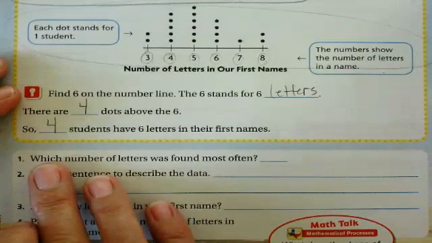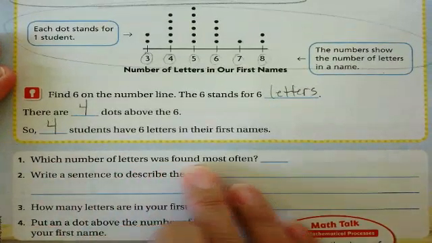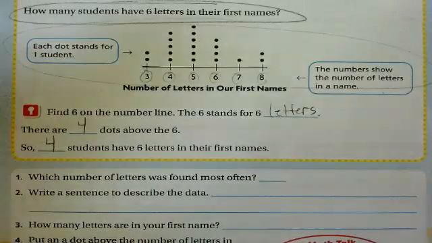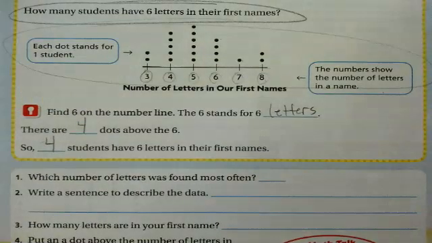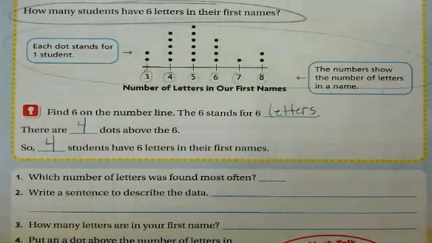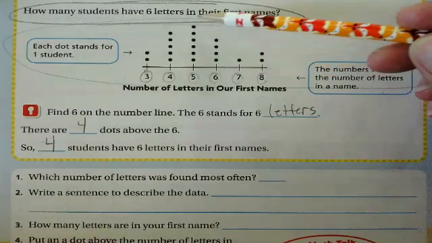Let's look at number 1. Which number of letters was found most often? So what's it asking us to figure out? Well, it's asking us which number of letters had the highest student count, basically. So we want to look for the tallest row of dots.